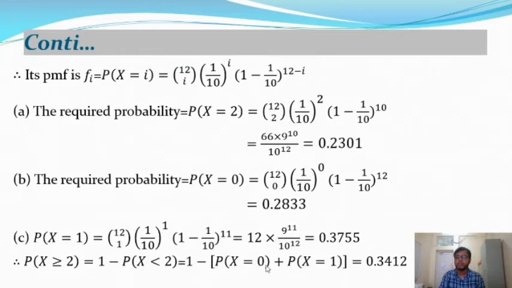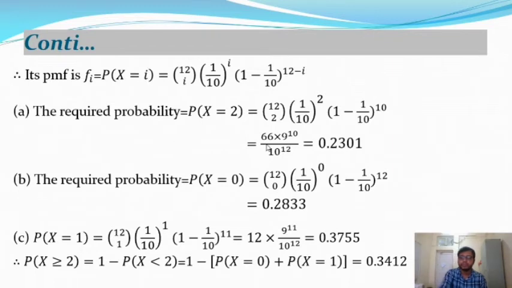And after putting the values of probability of x is equal to 0 as well as probability of x is equal to 1, from this we'll get 0.3412. This is the required probability of at least 2 pens being defective.